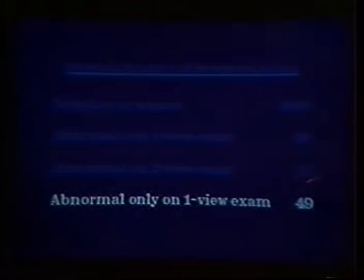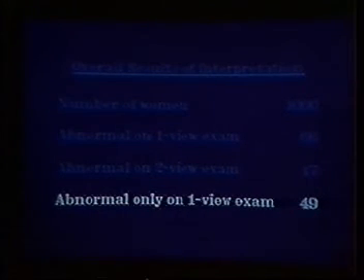But let's concentrate now on the remaining 49 patients. These are the women who were abnormal only on the single-view second screening exam. These are the women who would have been called normal had we been doing a two-view exam, but would have been called abnormal if we had been doing only a single-view exam, so-called false positives, as a result of the one-view approach.